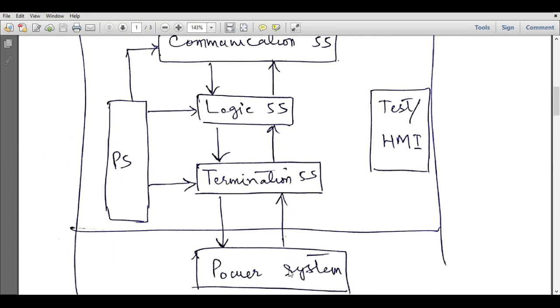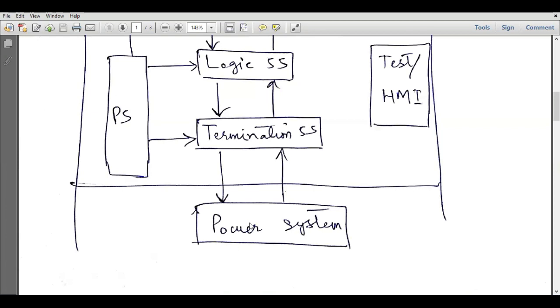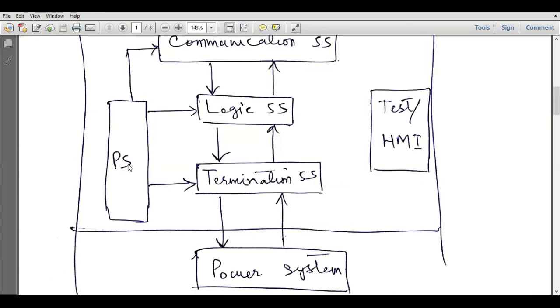And here we have a power system. And this whole thing is actually called RTU, remote terminal unit. So remote terminal unit has all these blocks, and here we have test HMI, and this is a power system. This is power supply. This power supply is used to power these three subsystems.